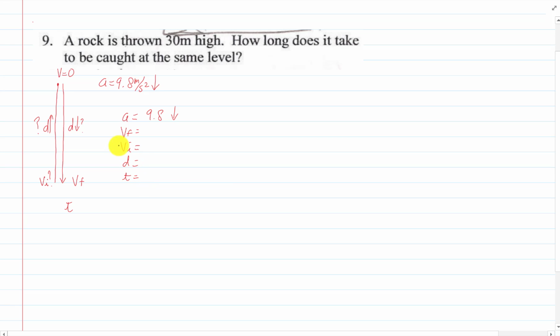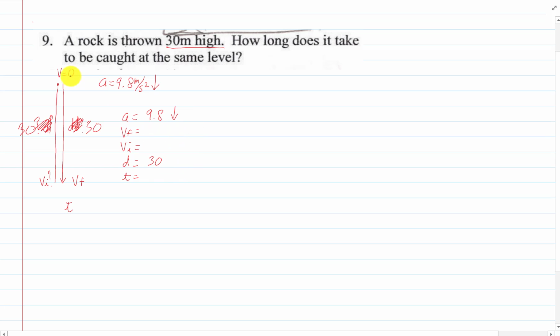Sorry, we know the height. My bad, 30. So this is 30 down, and this is also 30 up. But it still doesn't give us enough information. In fact, we only have 2 pieces. And if you're mathematically aware, all our formulas have 4 variables. That means we have to have 3 to calculate the 4th. And we don't have 3.